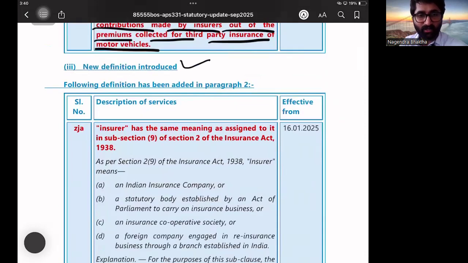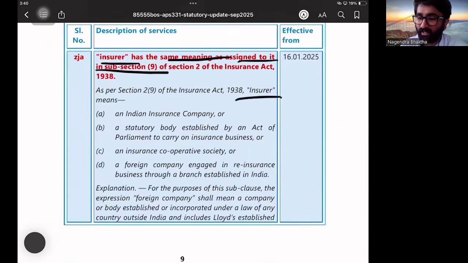And they have introduced a new definition. New definition has been introduced. Very simple. Who is insurer? Insurer has the same meaning as assigned to it in sub-section 9 of section number 2. So who is insurer?